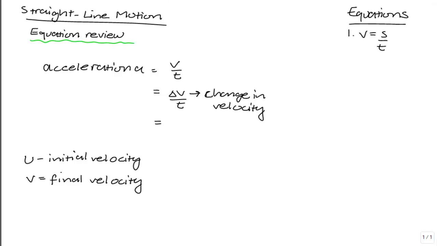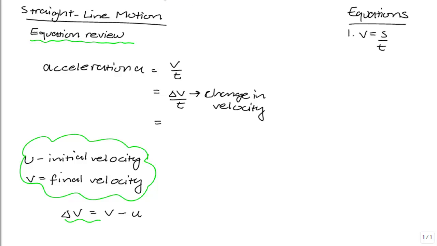Whenever you see u in textbooks or in today's lesson, we're using it to represent the initial velocity of an object, and v just represents the final velocity of the object. In this case, delta v would be equal to final velocity v minus initial velocity u. So delta v is equal to v minus u.